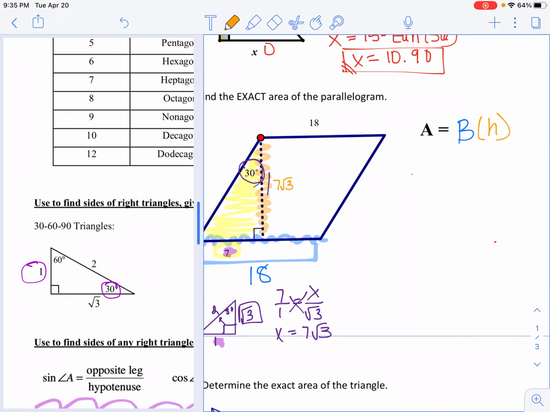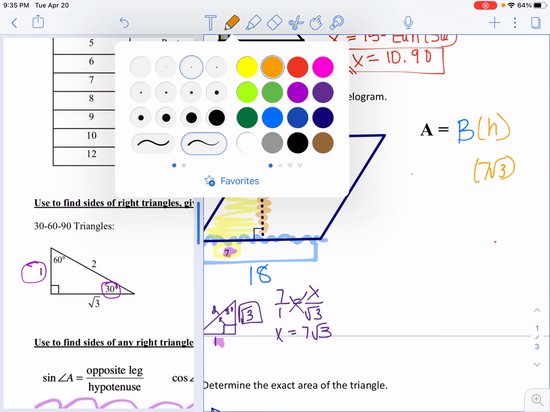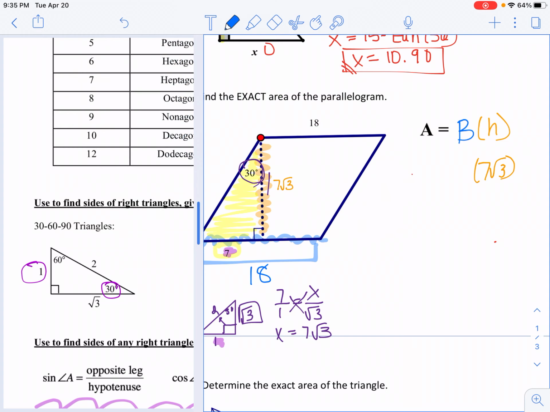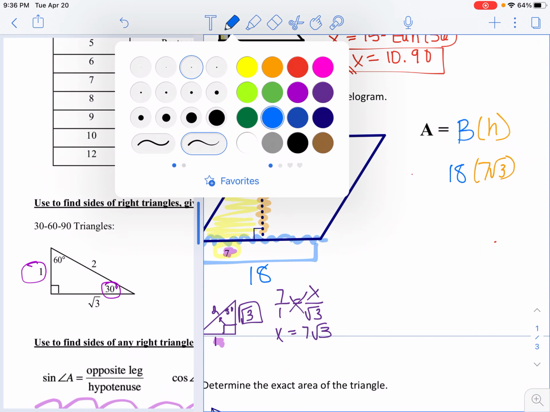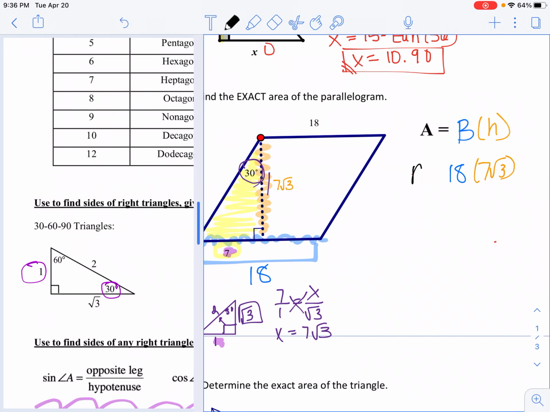Now that you know your base and your height, you're going to go ahead and fill it in. So again, the height is 7 square root 3. The base is 18. So your area is going to equal 18 times 7 square root 3. Now notice that it asked you to please find the exact area. Exact means no decimal.